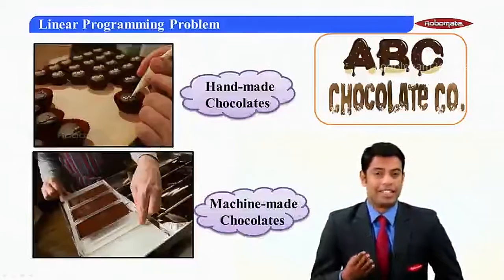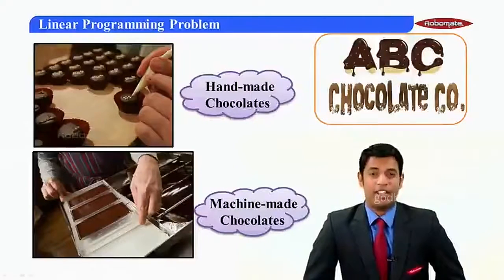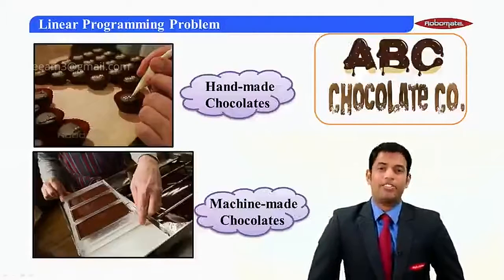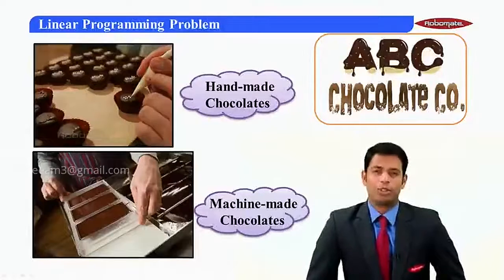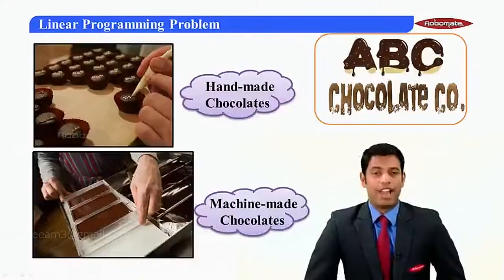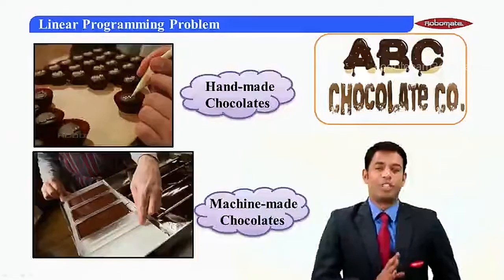Now as you can see in the picture, these handmade chocolates are manufactured with hand, whereas machine-made chocolates are manufactured with machine. But handmade chocolates are more costly as they require more manpower. So handmade chocolates are more costly as compared to machine-made chocolates.